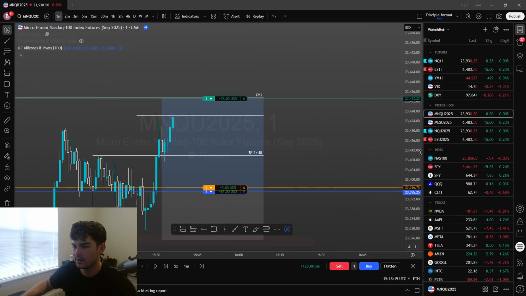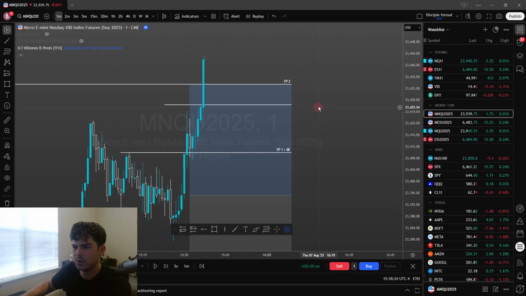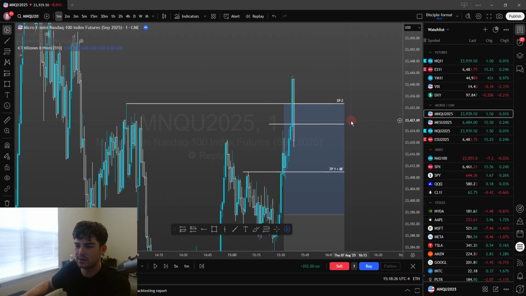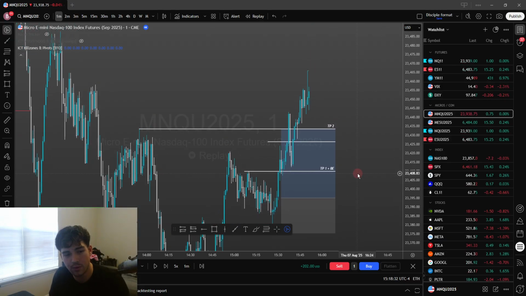All right, so we're still targeting this high. Let's see this trade. Boom. TP. I don't know if it goes higher. It might. But I don't know about you guys, but $202 risking, what was it, like $100?